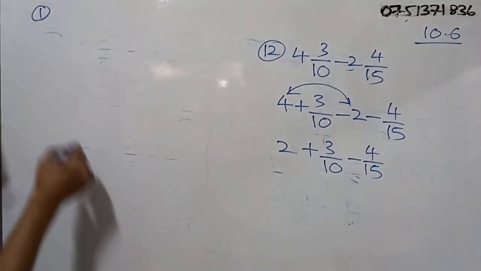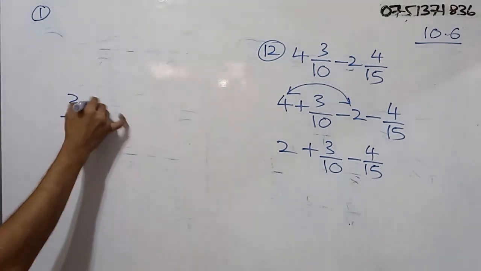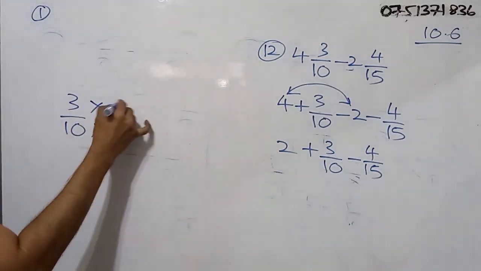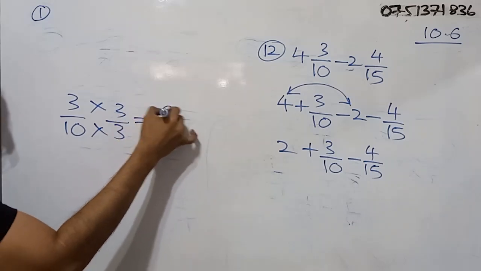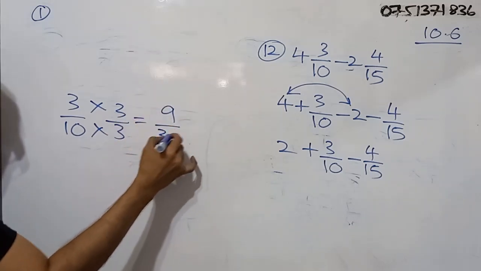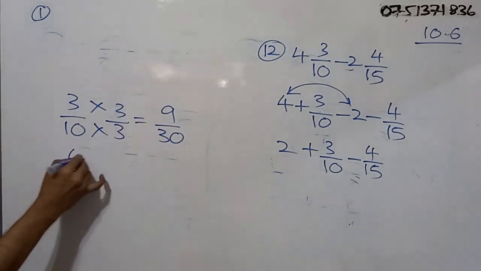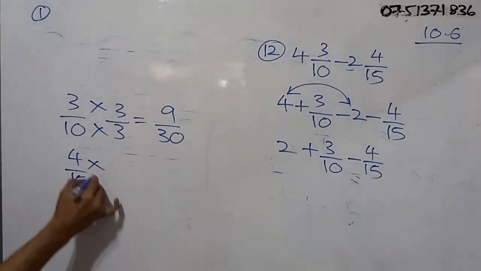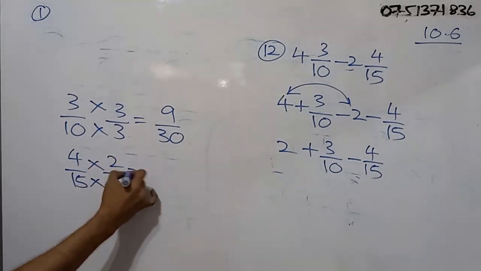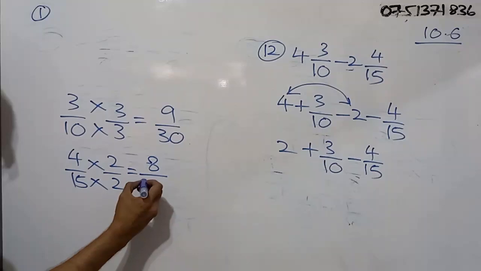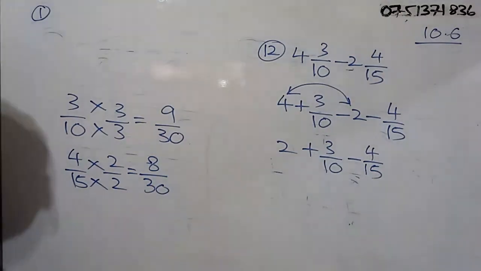30. So 3 by 10, I will multiply both numerator and the denominator by 3. So it becomes 9 by 30. 4 by 15, I will multiply both denominator and the numerator by 2. So this becomes 8 by 30.